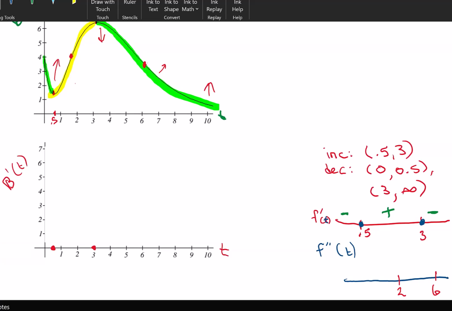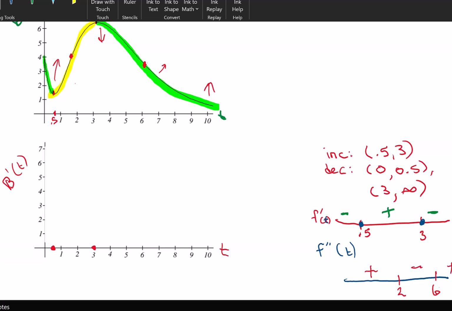We have our 2 points of inflection, and I know from 0 to 2, it's concave up, which means it's positive here. And I know from 2 to 6, it's concave down, so it's negative. And then from 6 on, it's positive.